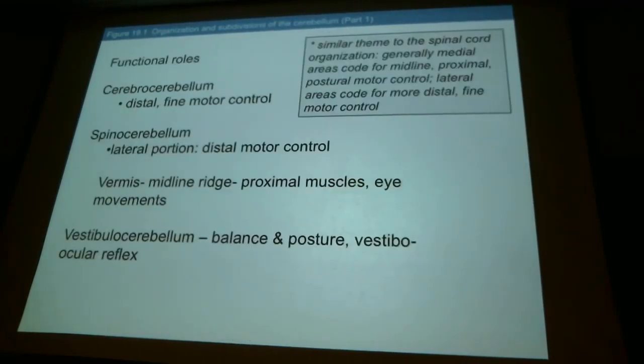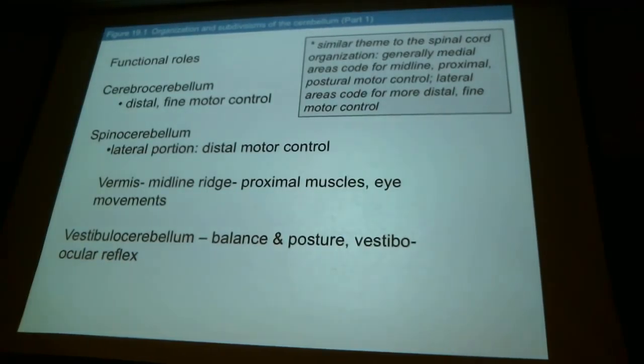Okay. And functionally, we'll start with the vestibulocerebellum, kind of obviously. This is involved in vestibular motor function. Very descriptive. And then the cerebrocerebellum and the spinocerebellum have a similar organization. Remember we talked about spinal cord having medial and lateral organization?